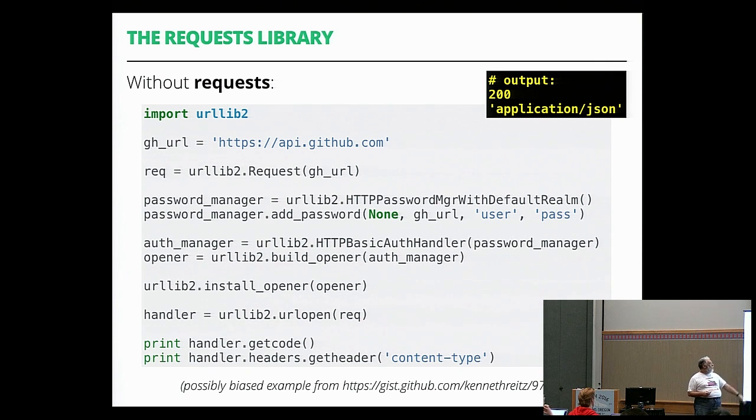And this is an example that is possibly very biased. It's kind of old too. But Kenneth Reitz, the author of requests, used this in his documentation to illustrate why requests is better than the urllib2 module from the Python 2 standard library. As you can see, to achieve that result, there's a lot more code here, a lot more objects involved, right?